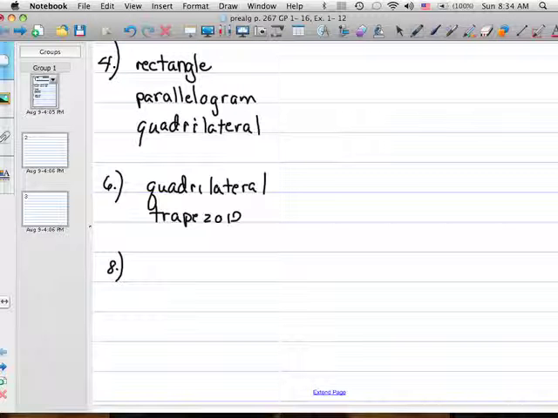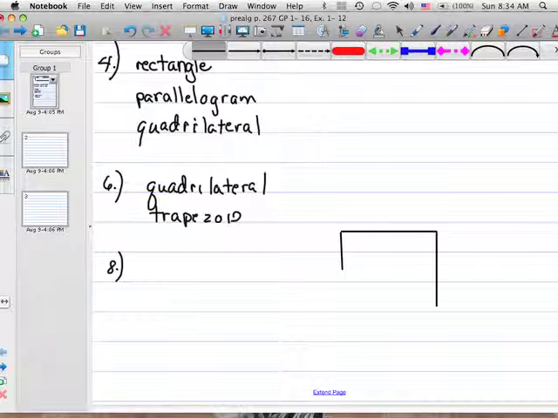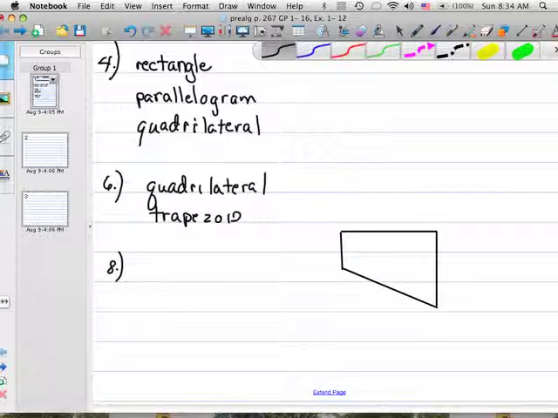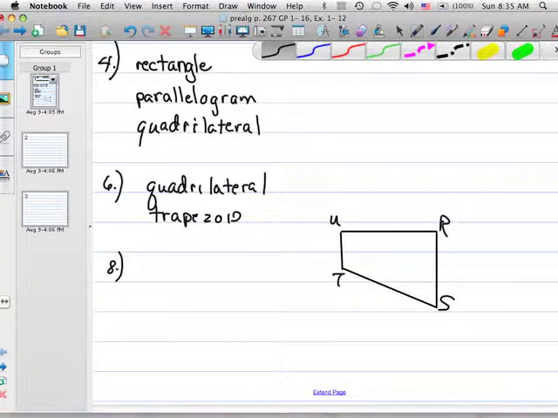We'll go ahead and draw that. Number 8, name the side that is opposite line segment RU. Well, here's RU. The side opposite would be TS.